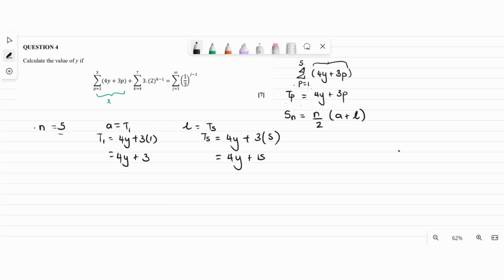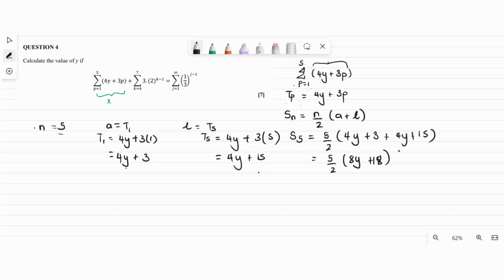Then we're going to substitute these in the formula. So we're going to find S5, which is equal to 5 divided by 2, open bracket, 4y plus 3, then plus 4y plus 15. Here in the bracket, we're going to group like terms. So it's going to be 5 divided by 2, then here we're going to have 8y plus 18.